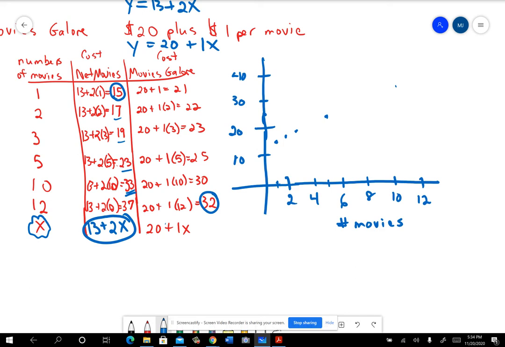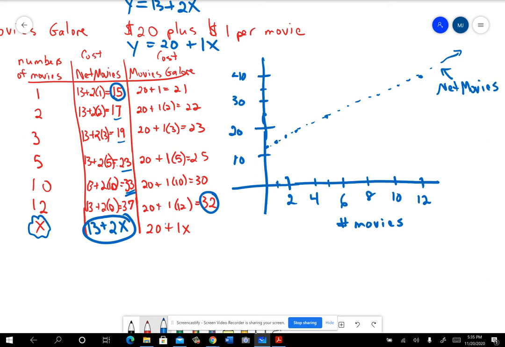All right, and it can be hard to do this, especially the way I've got my computer set up. So you got to cut me a little slack here. And 12 is like at 37. I think that one needs to be a little lower because it's supposed to be 33. That would be 5. And then 12 would be at 37. So maybe like that. All right, the idea is that these should basically be on a line. Okay, something like that. And that one, remember, is, I'm just going to write it on there, is Net Movies.